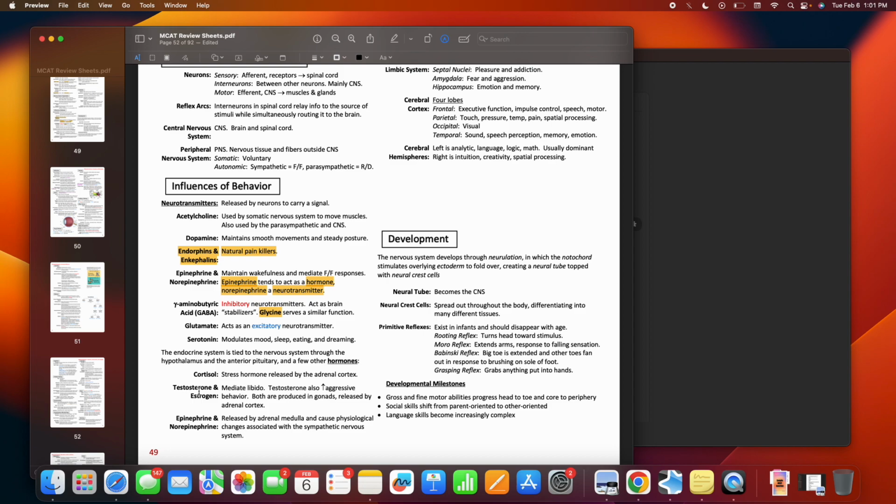Then we have testosterone and estrogen, which mediate libido, your sexual energy, your craving for sex, basically. Testosterone also increases aggressive behavior. Both are produced in gonads, released by adrenal cortex.